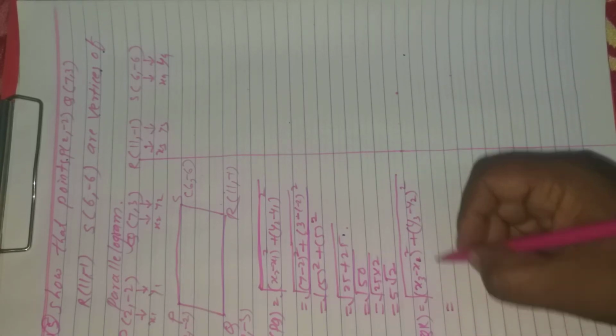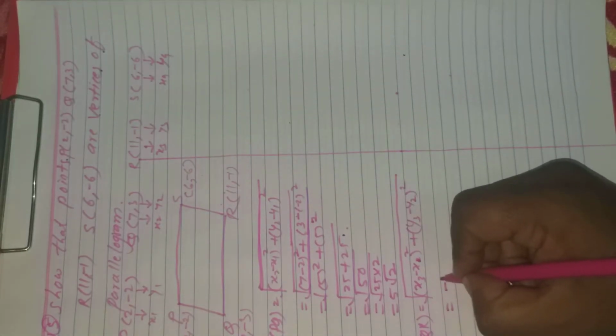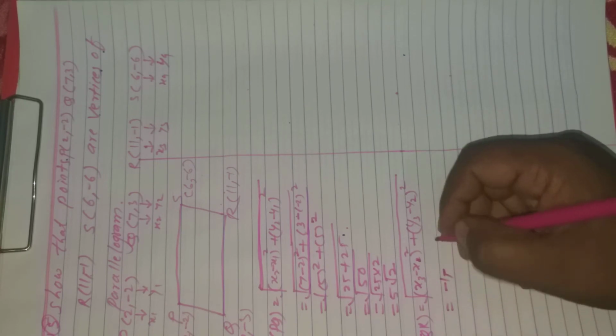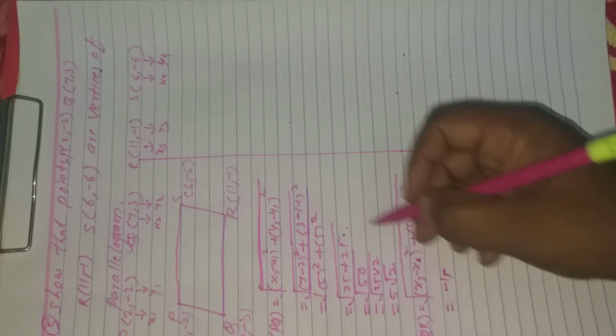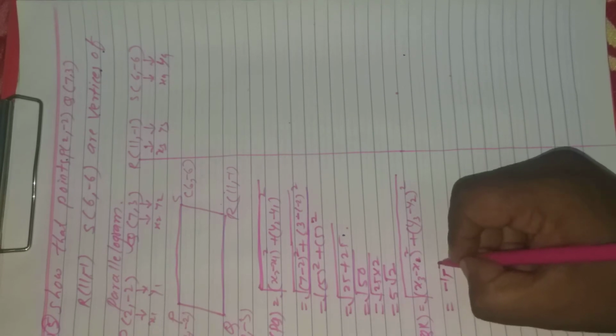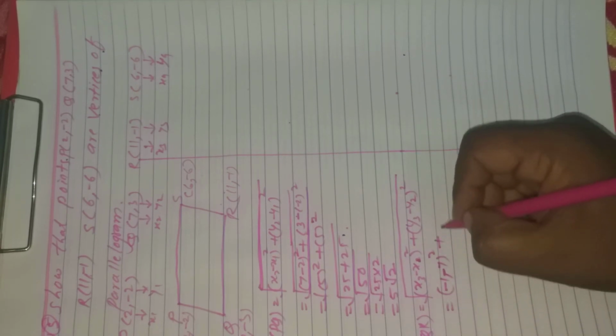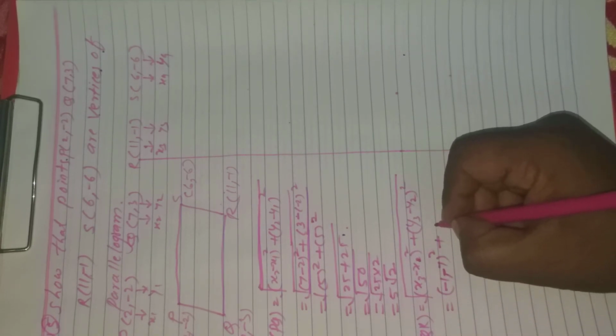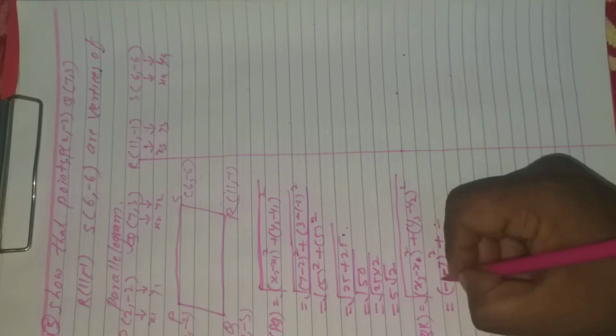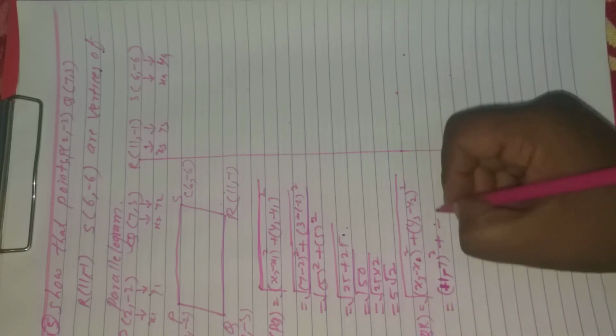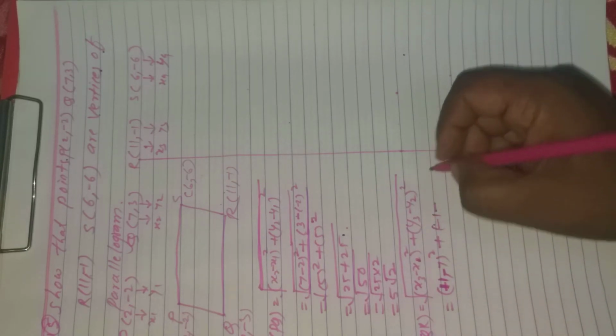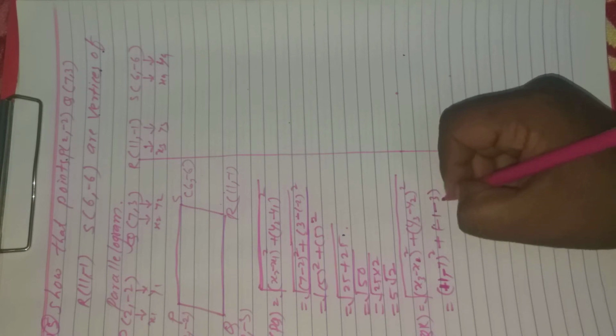So what is x3? x3 is 11 only, sorry, 11 minus x2, which is 7, square, plus y3 is minus 1 minus 3 square.